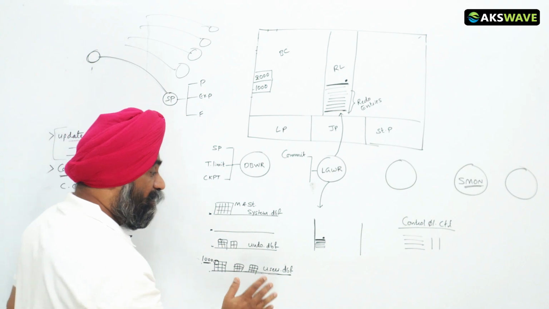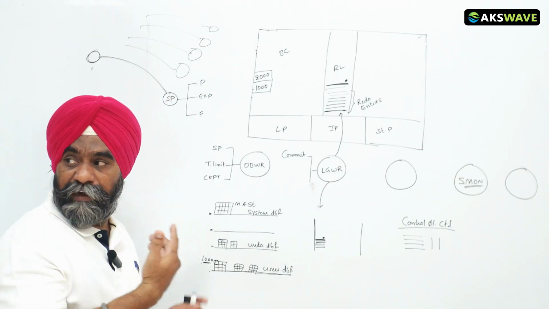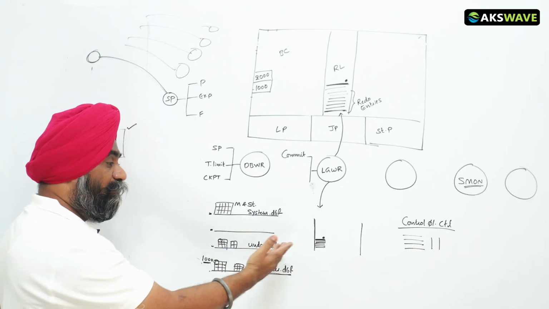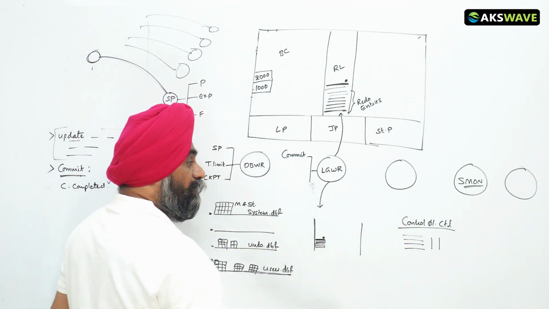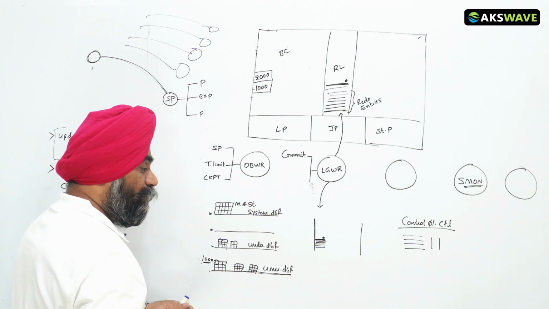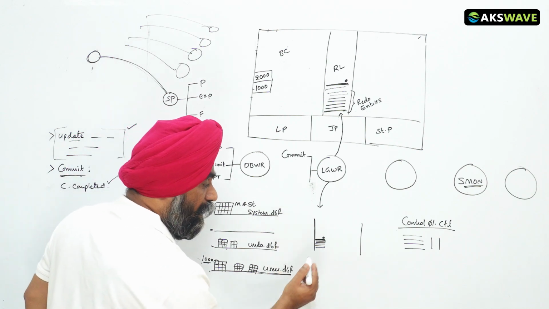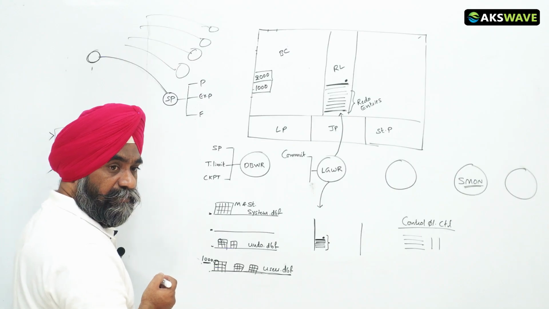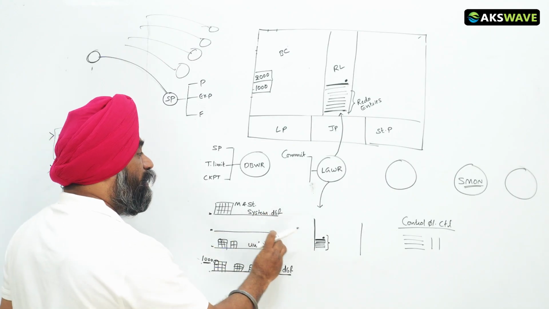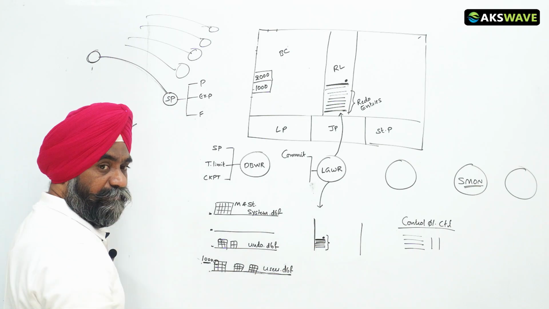So when it finds this difference going through the control file, what will SMON do? It will go to the current redo log file, take all these transactions, and automatically execute them.